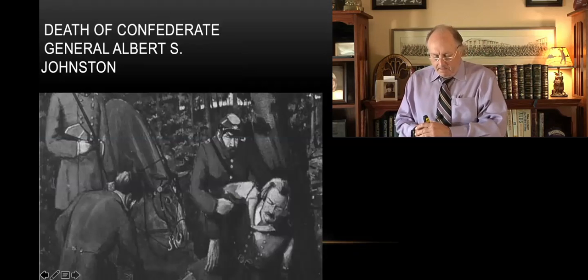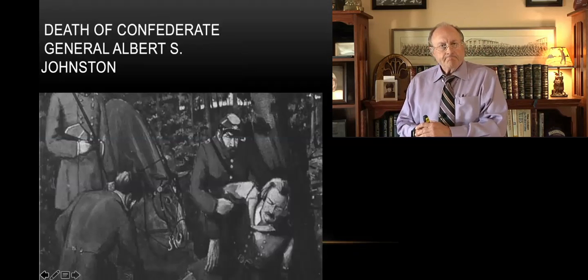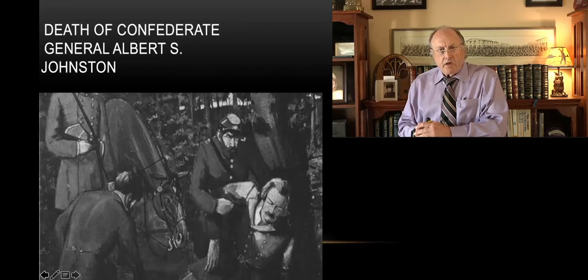Johnston had been shot in the leg, and he bled to death, which is not uncommon to be hit with a large minié ball, the bullet that was fired from the vast majority of both Union and Rebel rifles. The bullet is so large, like a .50 caliber slug, that it oftentimes leads to death, even if you're hit in the arm.